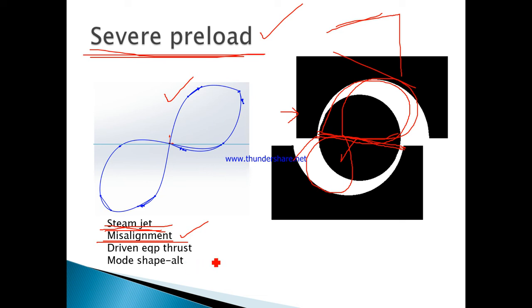Or during installation, this may happen, or the thrust may come from the driven equipment. So if this kind of situation is happening due to a high level of preload, then we will get the orbit diagram in this fashion.